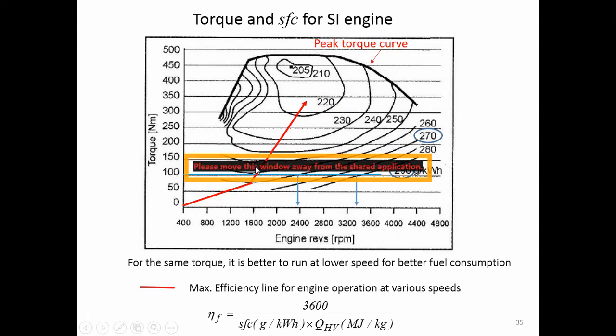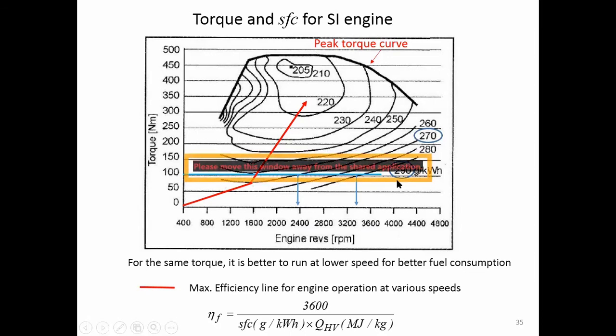For the torque, the same as the power, if you want to get a constant torque, you can run the engine at many conditions. For example, if you want the engine to deliver about 100 Newton meter, you can run your engine at about 2400 or about 3300, and you still get the same torque.